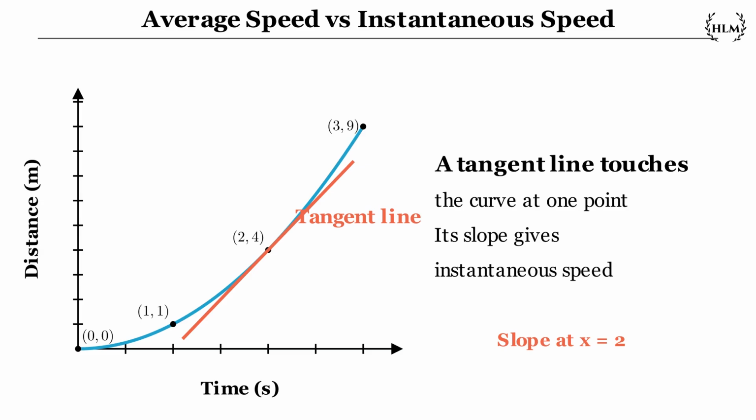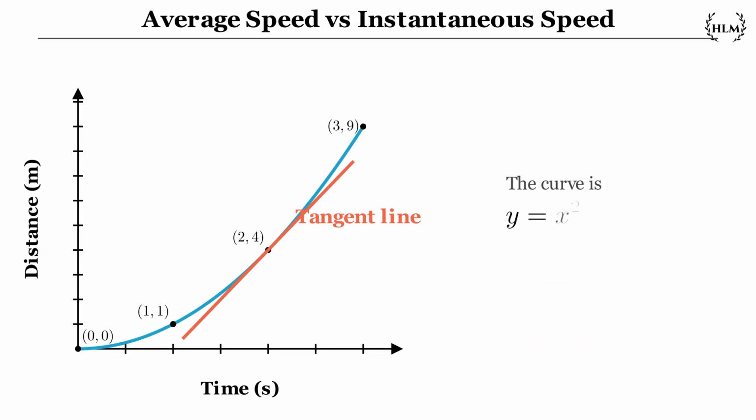and get the slope. I purposely chose these points because it makes finding a function for this curve easy. So the curve equation here is actually y equals x squared, as you might have guessed, where we have the restriction that x has to be greater than or equal to 0 and smaller than or equal to 3.